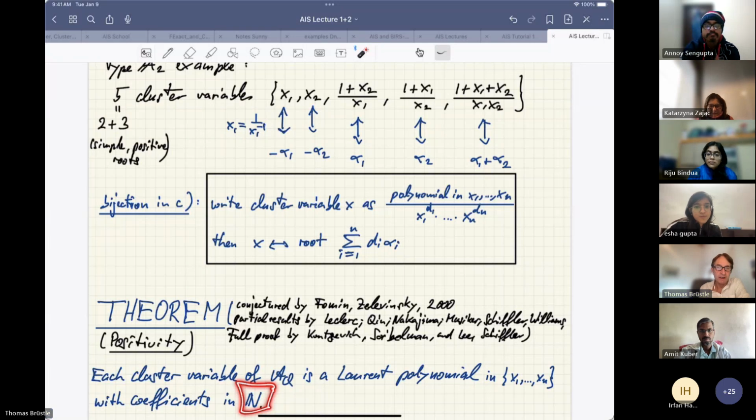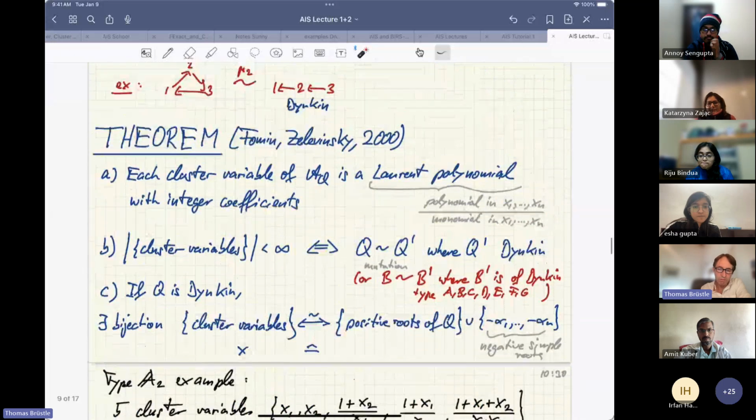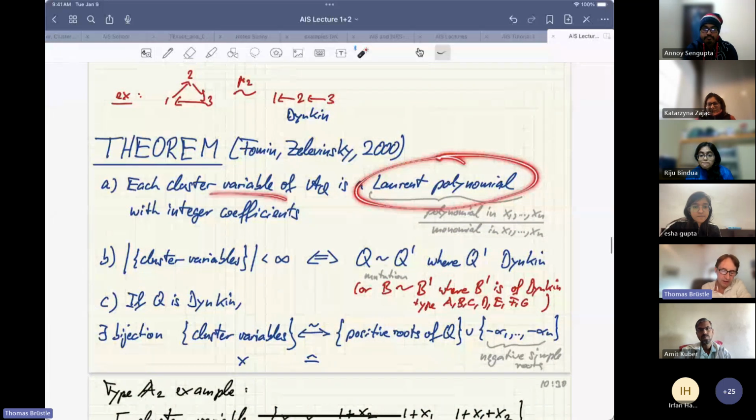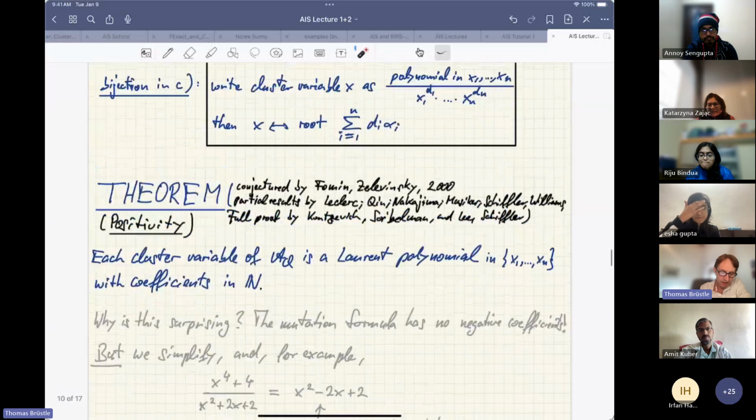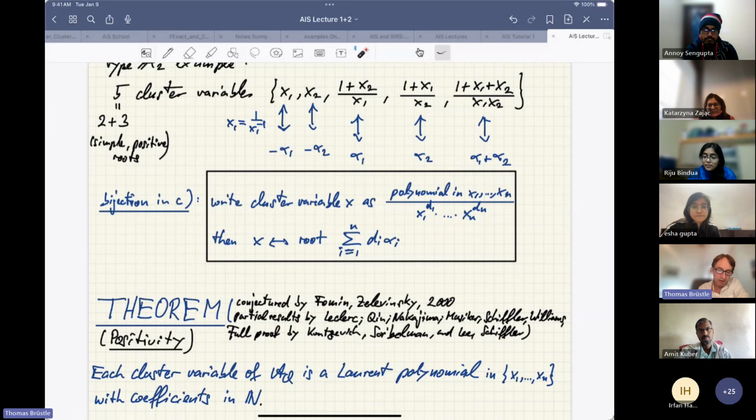There are no negative numbers appearing in the coefficients. So these are Laurent polynomials with integer coefficients. In fact, these are non-negative integer coefficients. That's a big result. It was conjectured by Fomin and Zelevinsky because they computed some examples and they saw always only positive coefficients appearing.